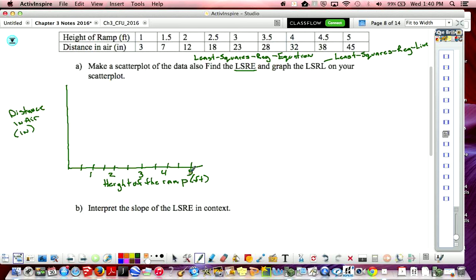Distance in the air goes from 3 inches all the way up to 45 inches, so I might count by 5s: 5, 10, 15, 20, 25, 30, 35, 40, 45. Wow, nice. For once I numbered nicely, used the whole graph, and don't have to squeeze.